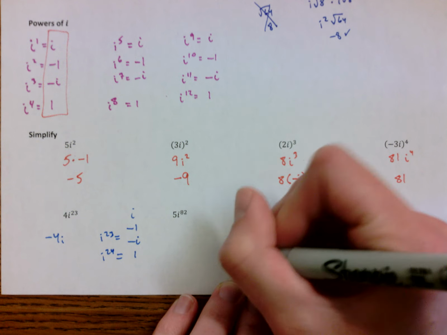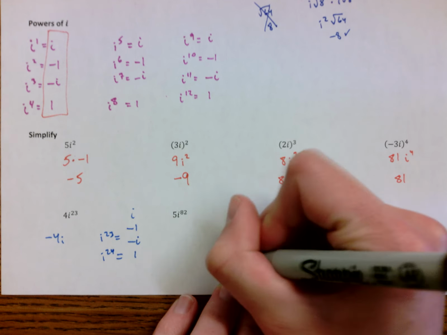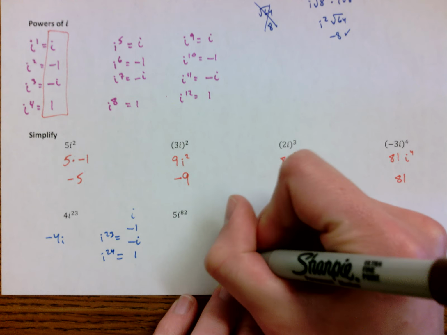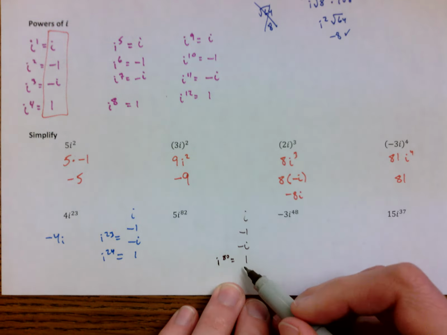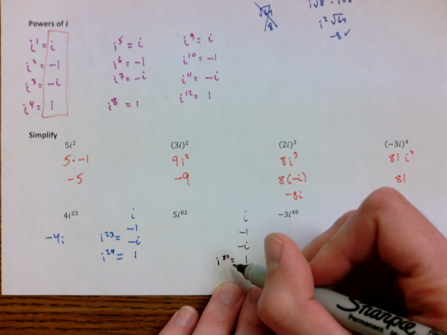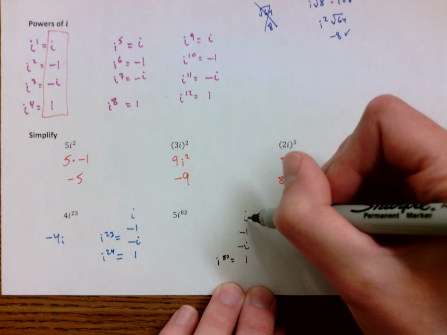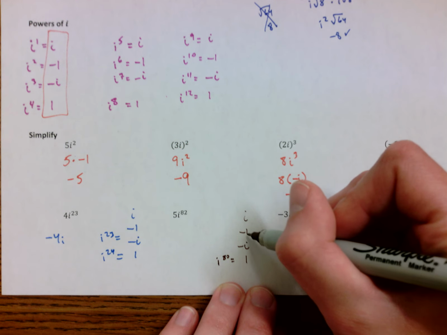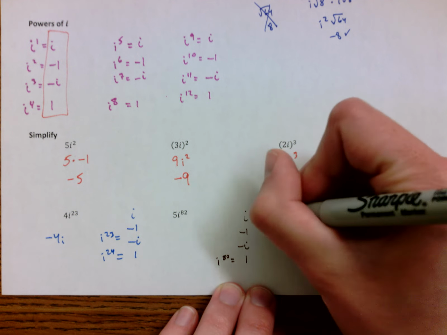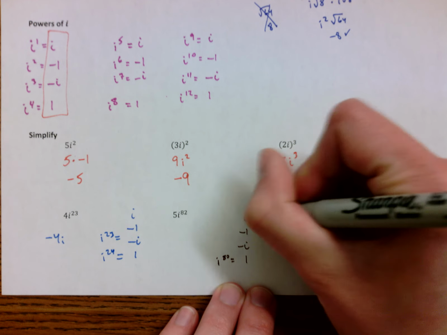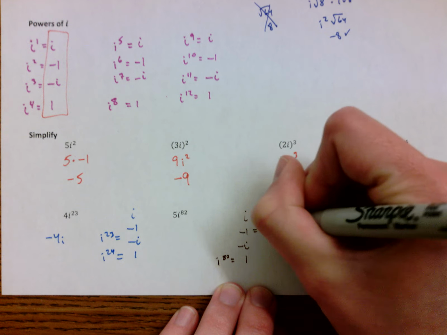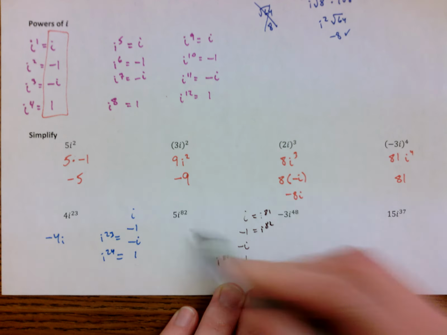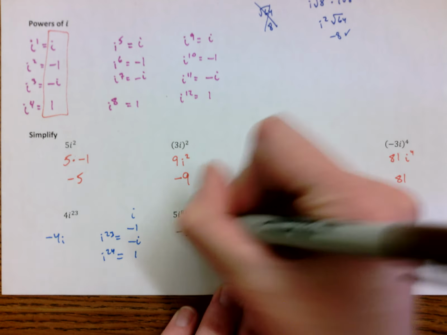So I know i to the 80th would be here. So that means that for i to the 81st, I would start a new column and be back at the top. And that would put i to the 82nd here, right? So this would be i to the 81st, and then this would give me i to the 82nd. So this is the same thing as negative 1. So that's just negative 5.